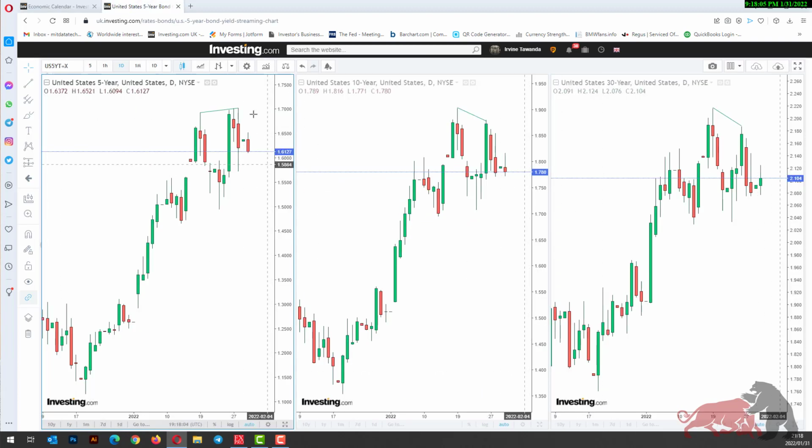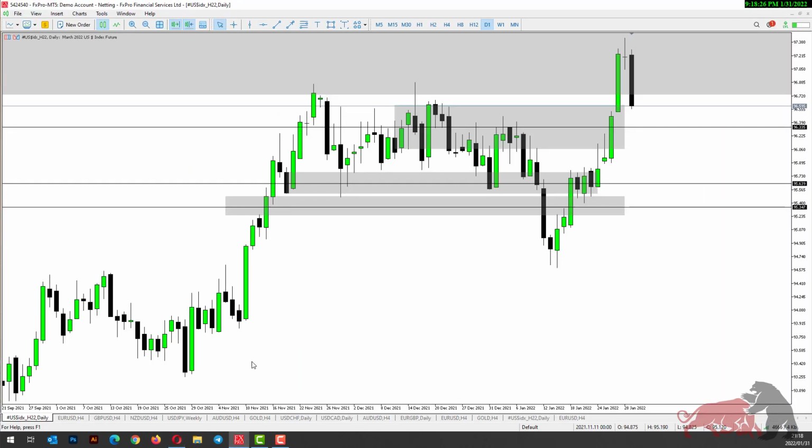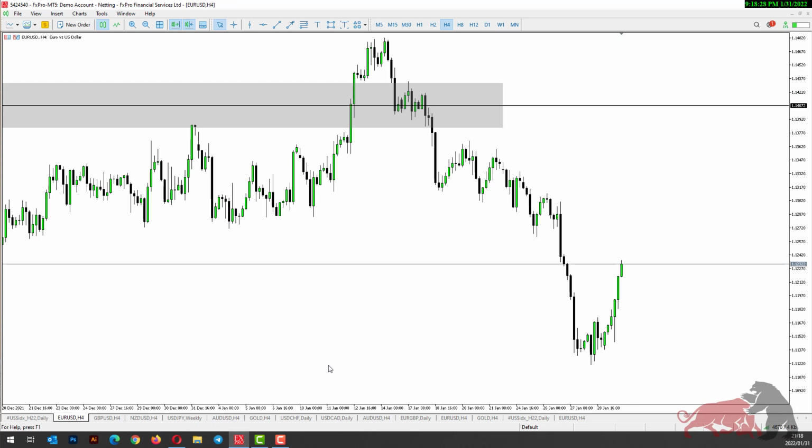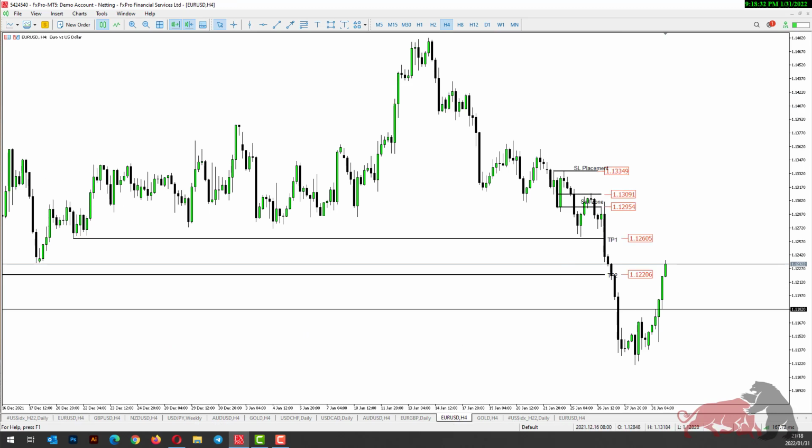Now, if I'm anticipating further weakness in dollar index due to the fact that I've already seen what the 3 long-term interest rate markets are portraying to me, they're portraying that there is going to be further weakness in dollar. So now, what is it that I would anticipate EUR/USD to do? Now, I'm going to go to the chart that we used before.